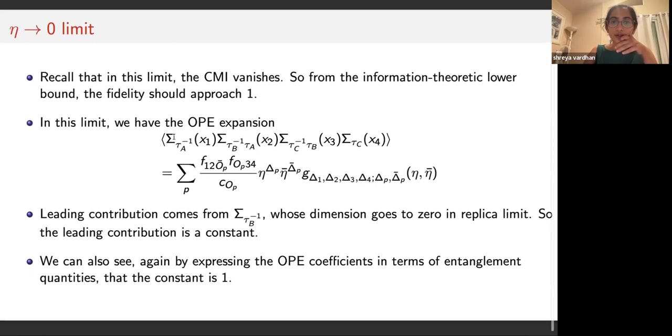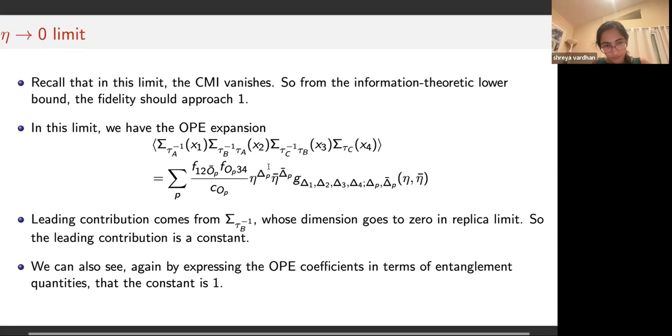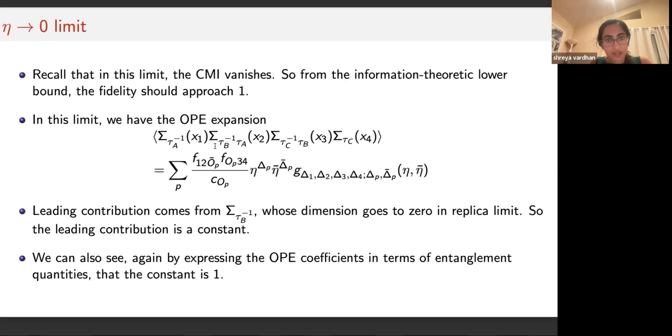So here we have an OPE expansion, which is similar to what I wrote down before, except that now we're fusing together the operators tau A inverse and tau B inverse tau A. And that gives us some slightly different expansion. In this expansion, the leading contribution comes from the operator sigma tau B inverse. And this operator has a feature that, unlike the previous case, the dimension of this operator goes to 0 in the replica limit.